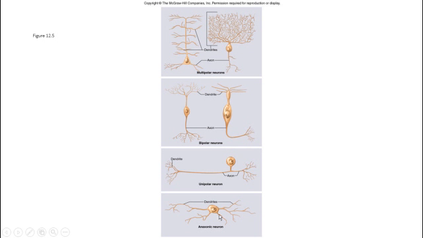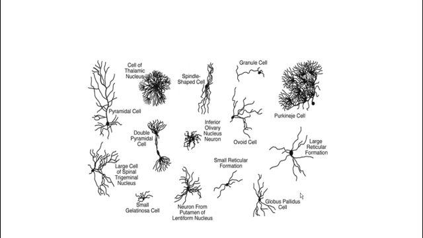And then this is kind of an odd one where there's a cell body in the middle and the dendrites coming in, but it doesn't really look like there's an axon. So there's a whole bunch of different styles of neurons. But dendrites take in impulses and deliver them to the cell body, and these are never myelinated.